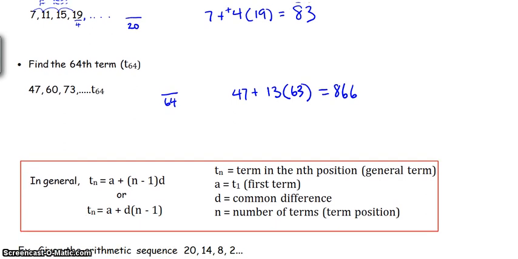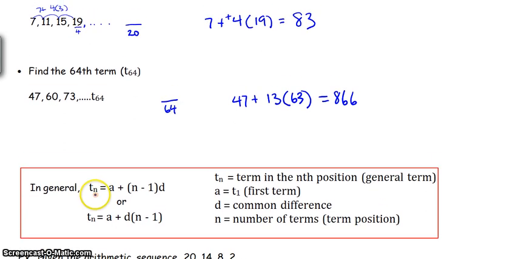That gives me this formula, my T of n formula. T of n is the first term plus 1 less than the term position, n, multiplied by the common difference. The order doesn't matter for multiplication here. I usually use the second one, but it doesn't really matter.